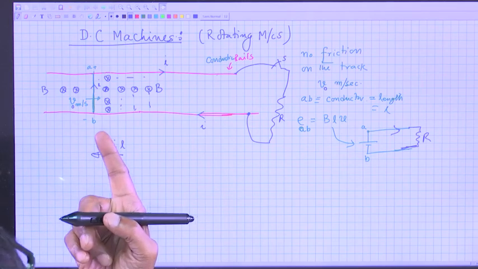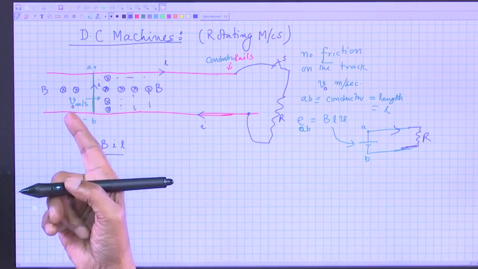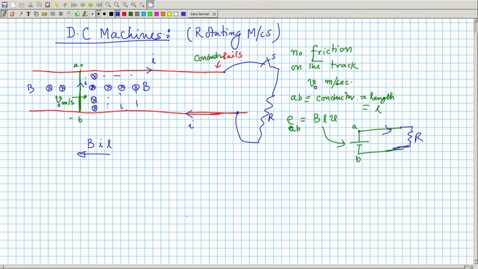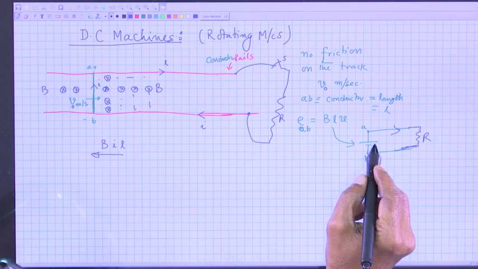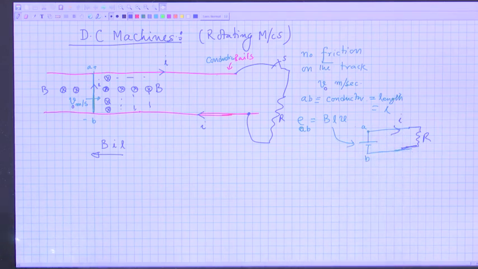If it is acted on by a force from right to left and it had an initial velocity of v naught, what do I expect? The conductor to decelerate, because no other force is there, velocity will go on decreasing. But if velocity goes on decreasing, this voltage will go on decreasing, this current I will also go on decreasing.